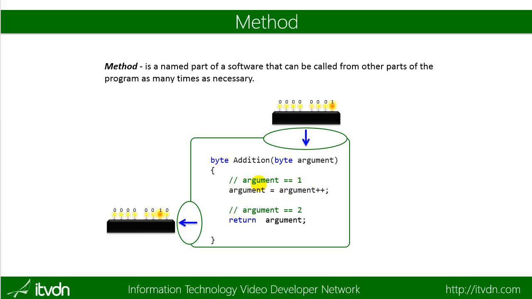Now, if our argument was equal to 1, if we add 1 to 1, what we will get is 2. So our return will be 2. That's how return is like output here. We have input, output, and this is our increment. Okay, we increase this by 1. So this is basically how the simplest of methods work.